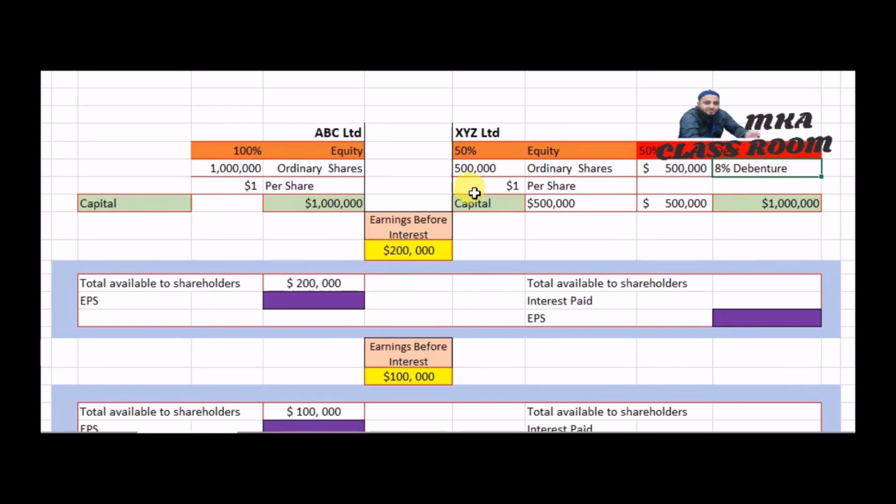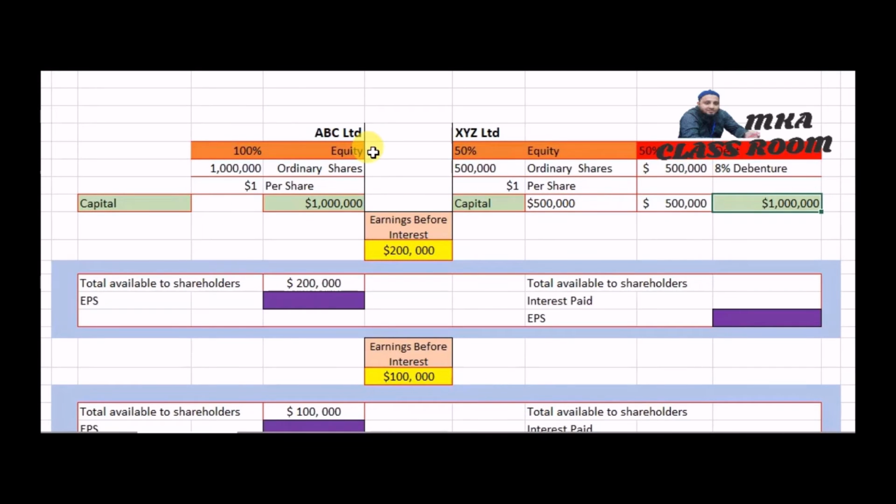ABC has 10 lakh ordinary shares at 1 taka per share, so share capital is 10 lakh. XYZ has 50% equity, that means 5 lakh ordinary shares at $1 per share, so capital is 5 lakh. On the other hand, debt of 50% comes from the 5 lakh 8% debenture. Then total capital is 10 lakh.